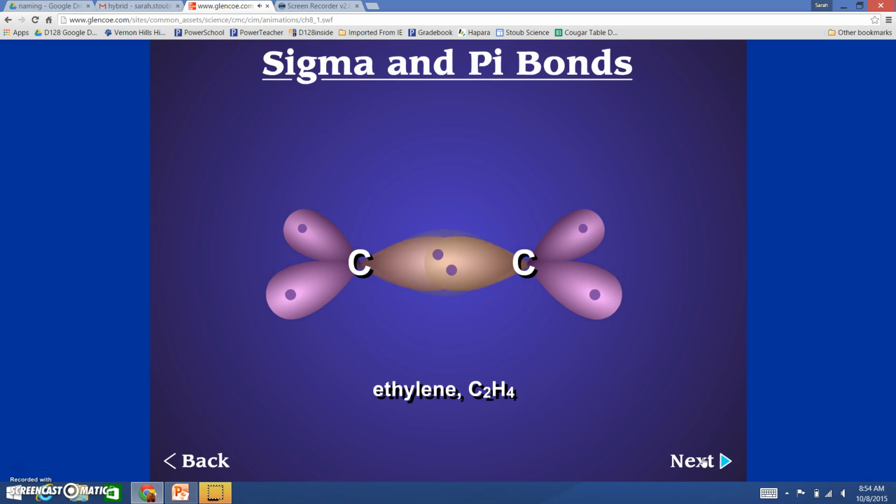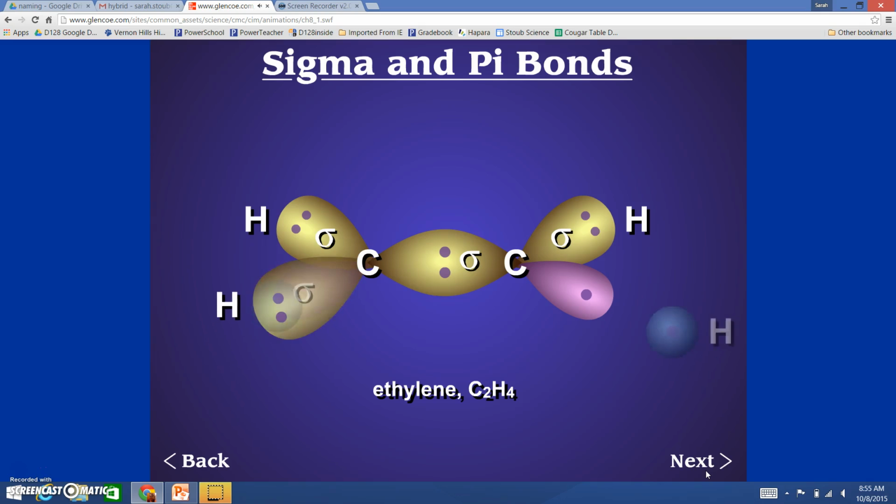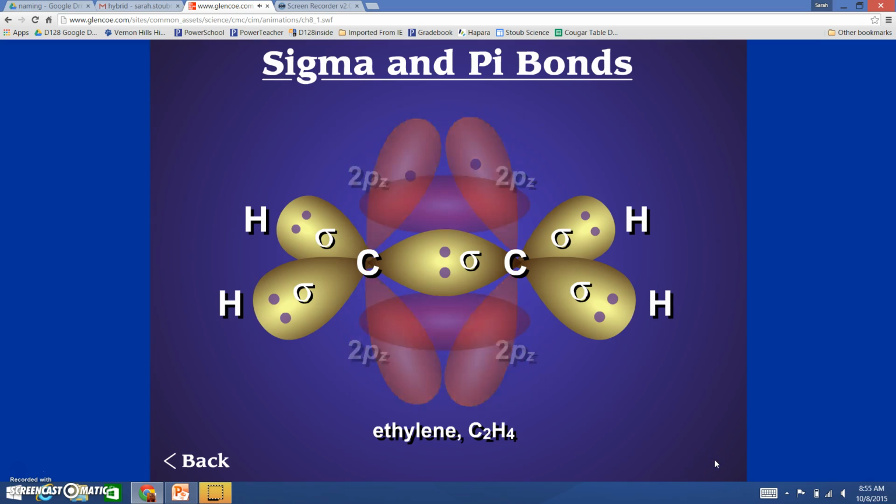And so if we want to hybridize them, which we did, we can then overlap really easily to make our sigma bond. We're going to put hydrogen first. Let's make some more sigma bonds by putting the hydrogens over. These are the unhybridized p orbitals, and this is our pi bond that they're making on the top and the bottom.